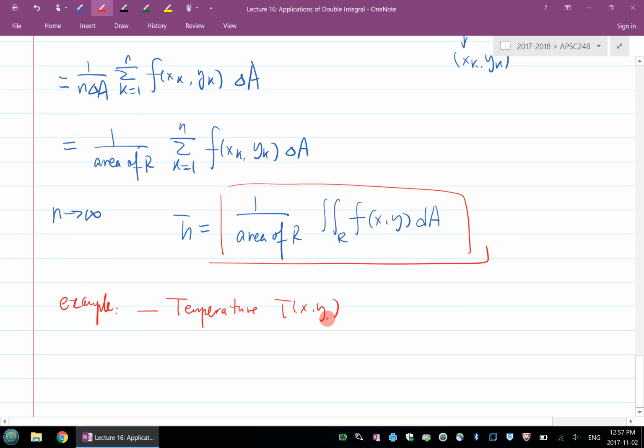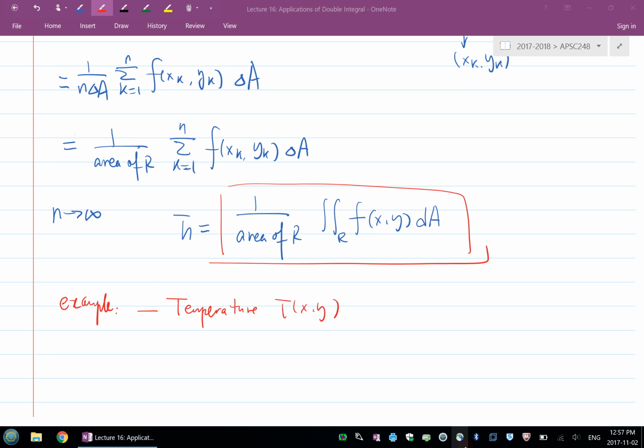If you have a thin plate, and you can measure the function of temperature across this thin plate, T(x, y), representing the variations of temperature across the region R, and you're interested in the average temperature across this metal plate, how do you do that?